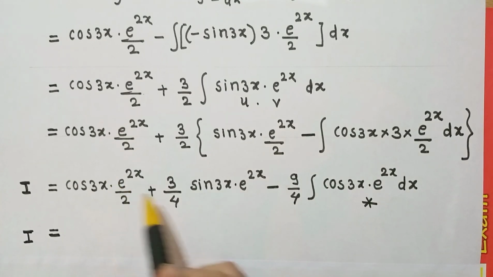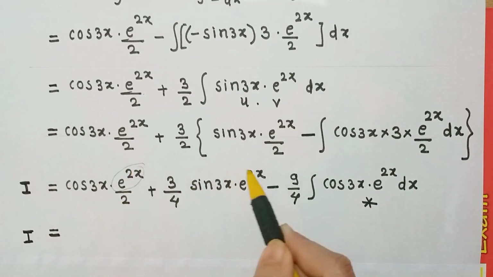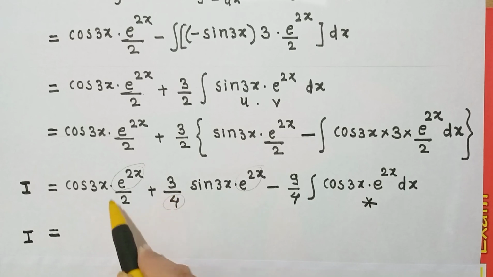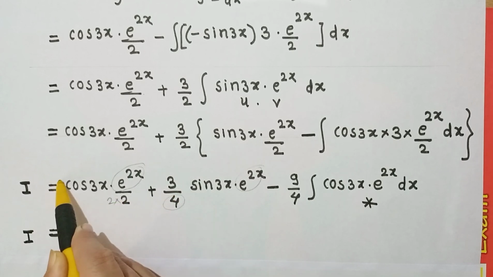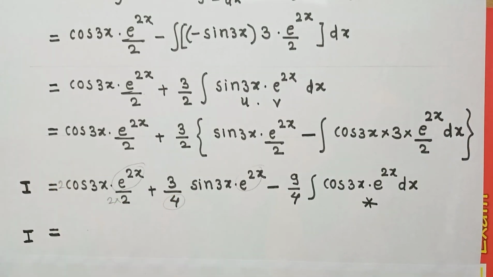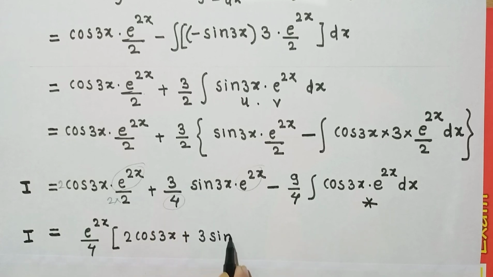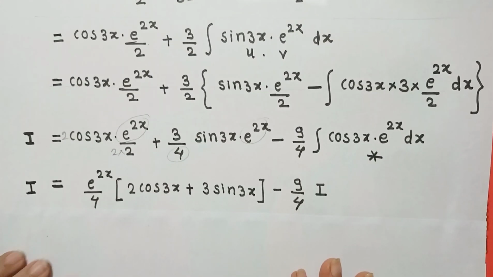Now look here, from these two terms we will take this e raised to 2x common and also 4. So here we will multiply 2 and upside also 2. So e raised to 2x upon 4, inside the bracket we will write 2 cos of 3x, then plus 3 sine of 3x and minus 9 by 4, and this is nothing but I. We will move this term to the left hand side.